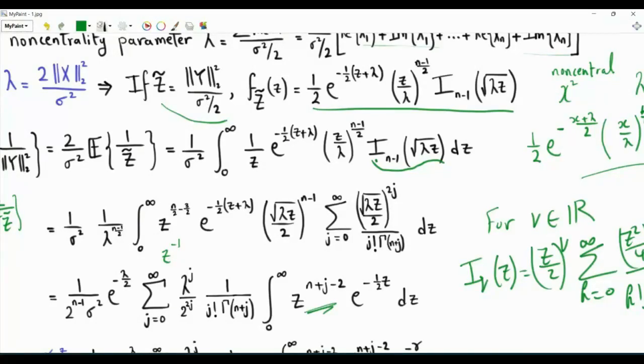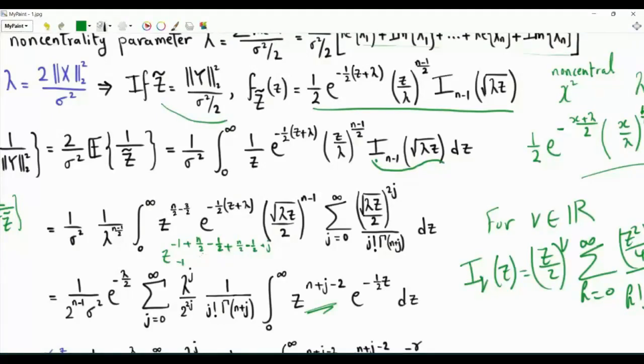Then in the PDF of this random variable, we have z to the power n over 2 minus 1/2. Then when we expand the modified Bessel function, we will get from here square root z to the power n minus 1, that's n over 2 minus 1/2. Okay, and then here we have square root z raised to the power 2j, and so we get a j.